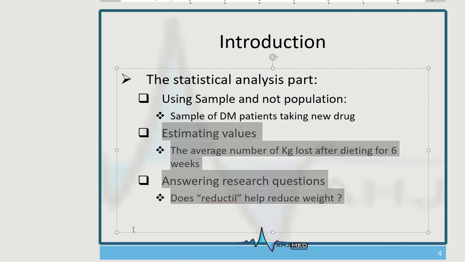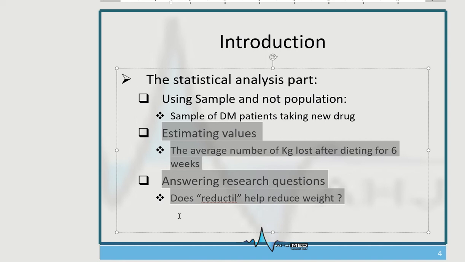I have an example here. Estimation: the average number of kilos lost after dieting for 6 weeks. You estimate that value. And then the research question would be, does the diet help reduce weight? The answer would be yes, it does, or no, it does not. So again, this is a brief introduction to why we use statistics and what the role of statistics in research is.